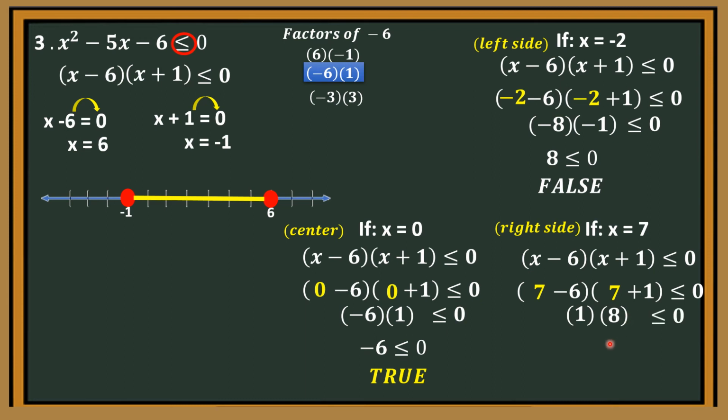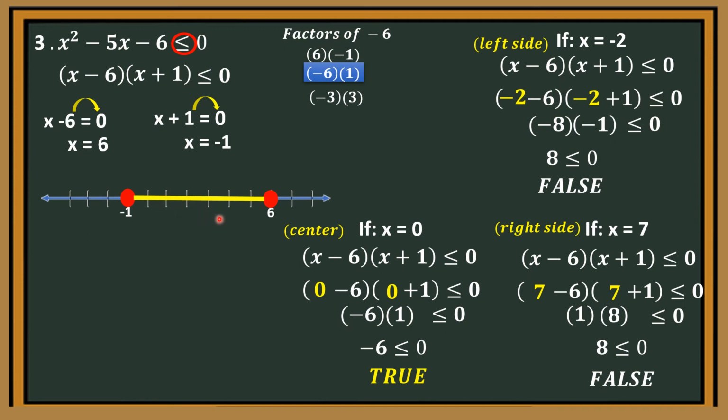Less than or equal to 0. 1 times 8. The answer is 8. Is it less than or equal to 0? False. Therefore, ang right side natin ay hindi kasama. So, ibig sabihin, center. So, tama yung graph natin.